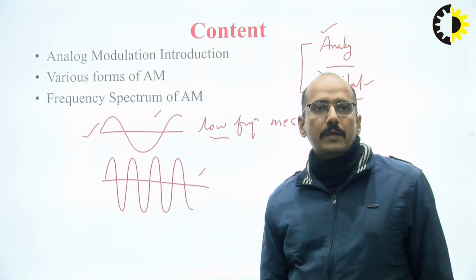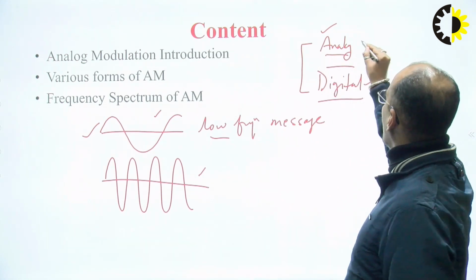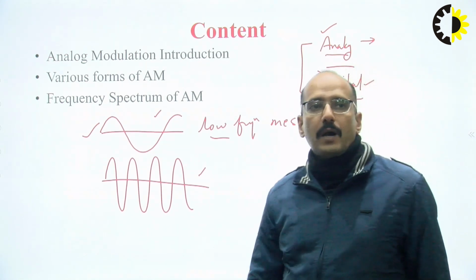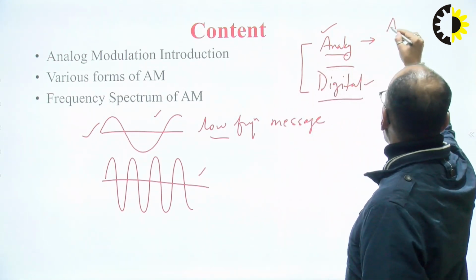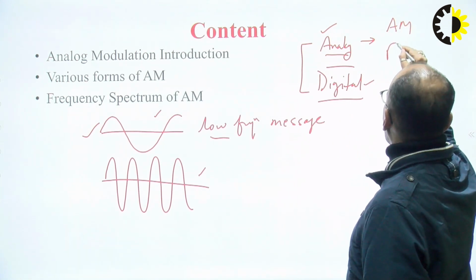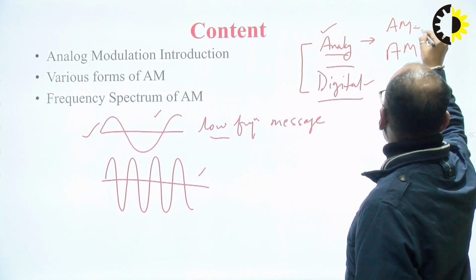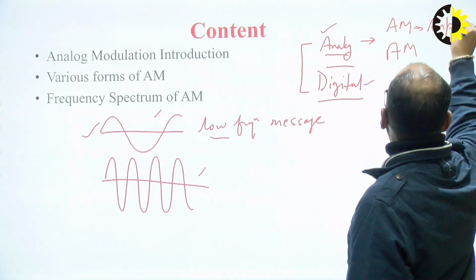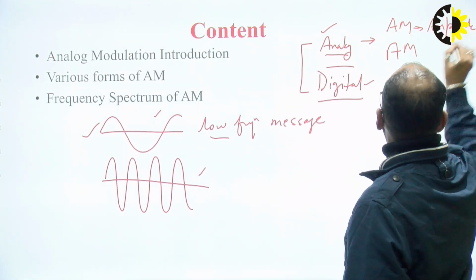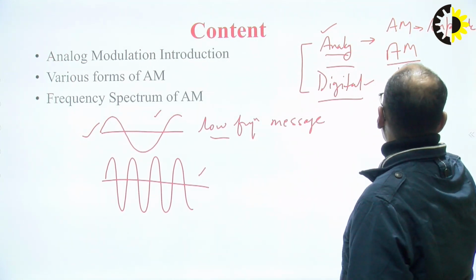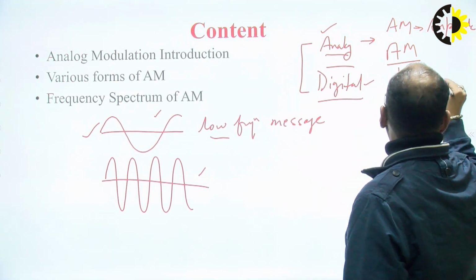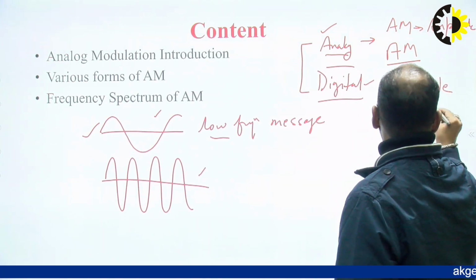In the first unit, the analog modulation has two parts, basically AM and AM. This AM denotes amplitude modulation, but this AM is for angle modulation.